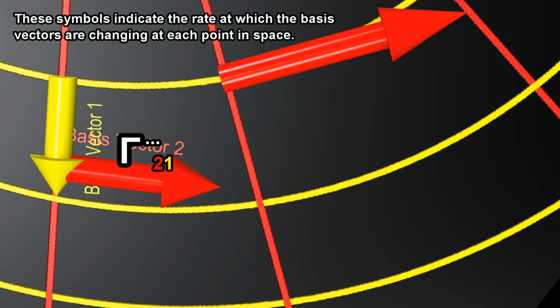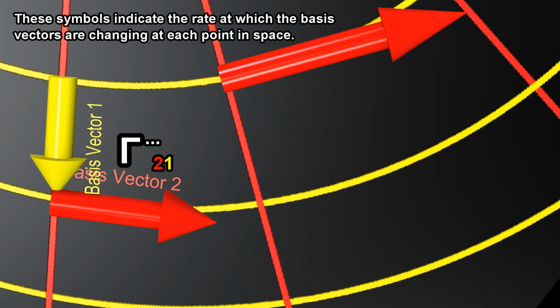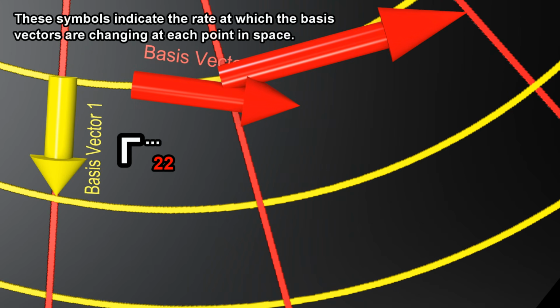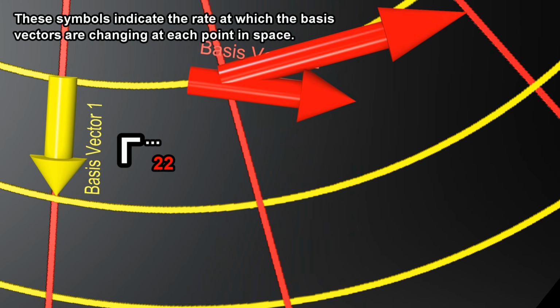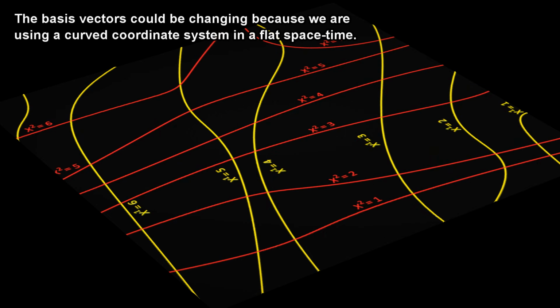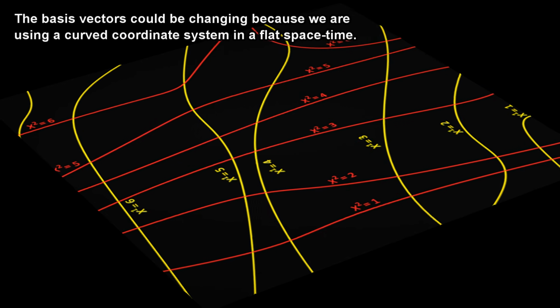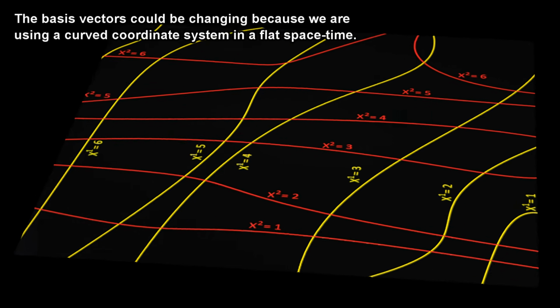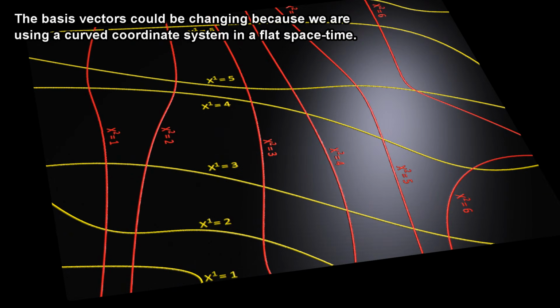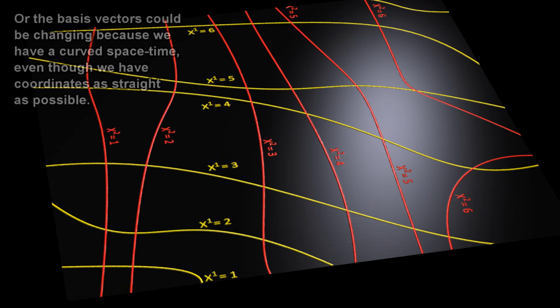These symbols indicate the rate at which the basis vectors are changing at each point in space. The basis vectors could be changing because we are using a curved coordinate system in a flat space-time. Or the basis vectors could be changing because we have a curved space-time, even though we have coordinates as straight as possible.